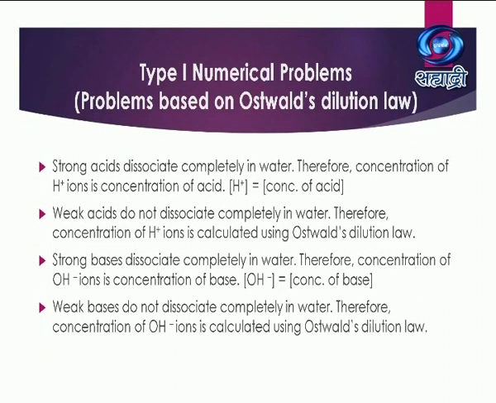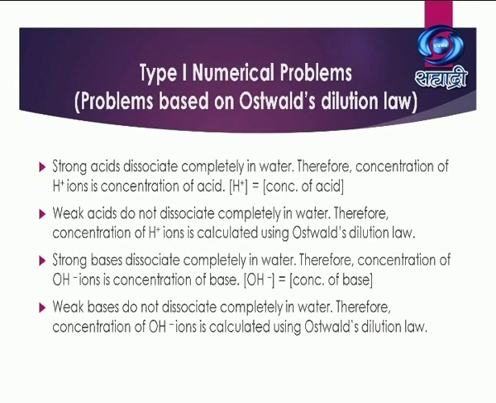Strong acids dissociate completely in water. Therefore, the concentration of H plus ions is the concentration of acid. So this point you have to remember. In case of strong acid, the H plus ion concentration itself is the given concentration of acid because of complete dissociation. But weak acids do not dissociate completely in water.